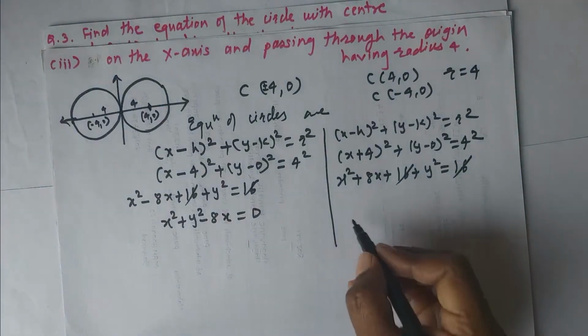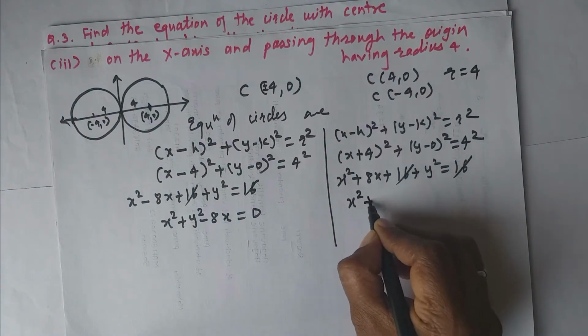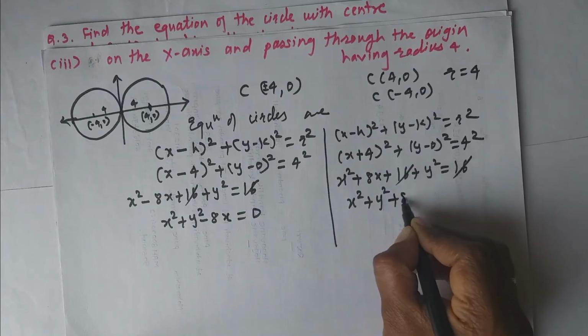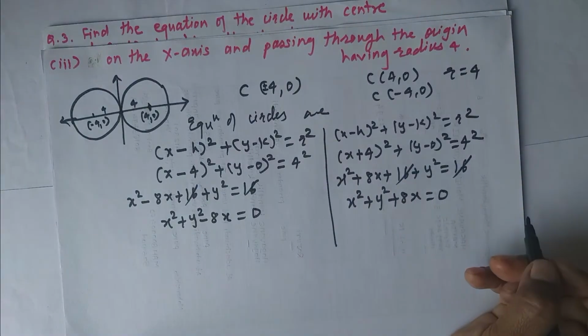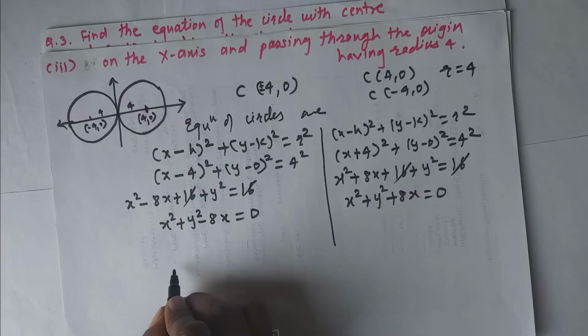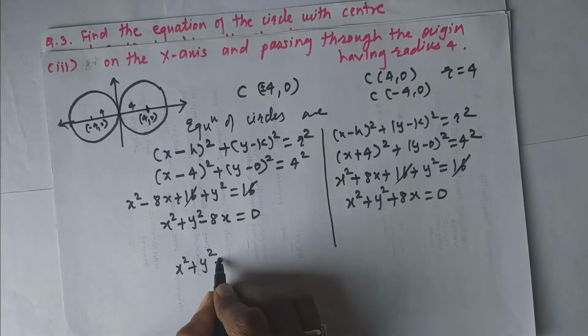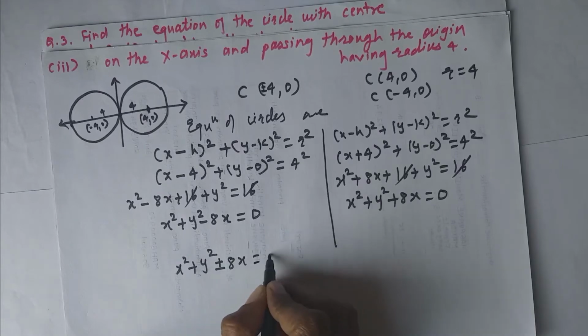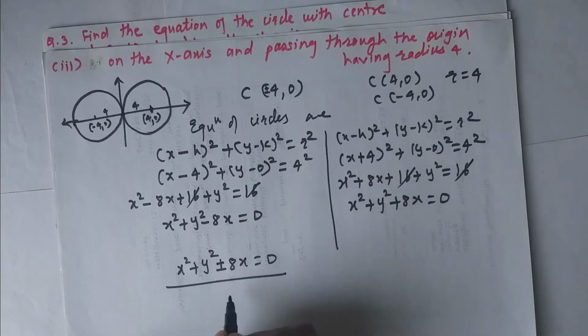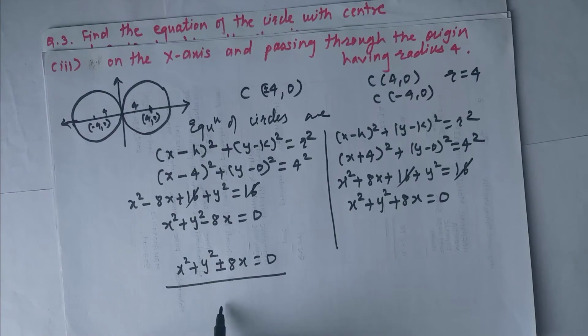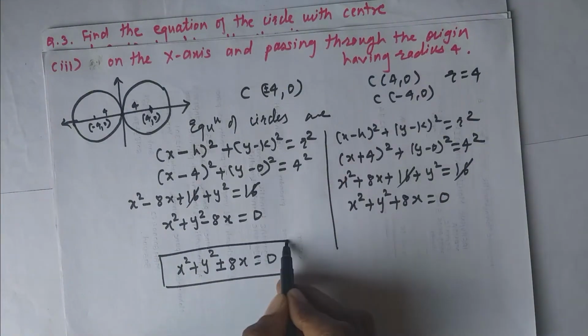Again this 16 on both sides will get cancelled and we will get the equation of circle x square plus y square plus 8x is equal to 0. In this way we have got two equations of circles, that is x square plus y square plus or minus 8x is equal to 0. There are two possibilities of center. Therefore, here we have got two equations of circles.